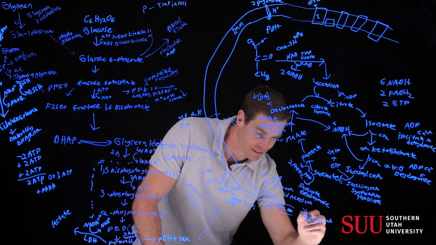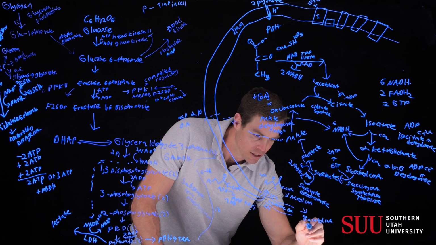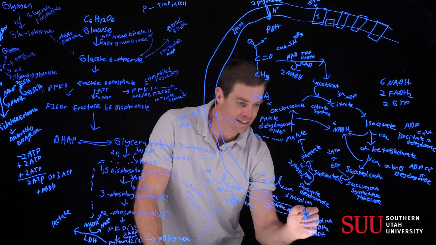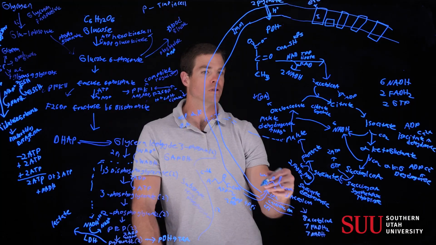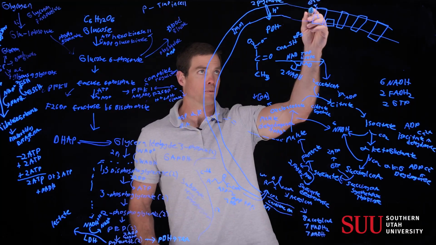I apologize. So you end up getting 7 FADH₂s, and you get 7 NADH molecules. And then these will go to the electron transport chain, okay?